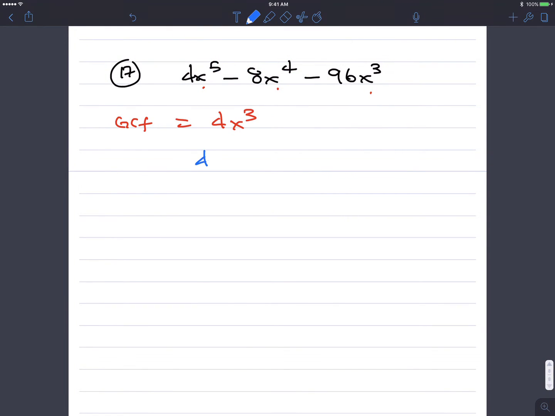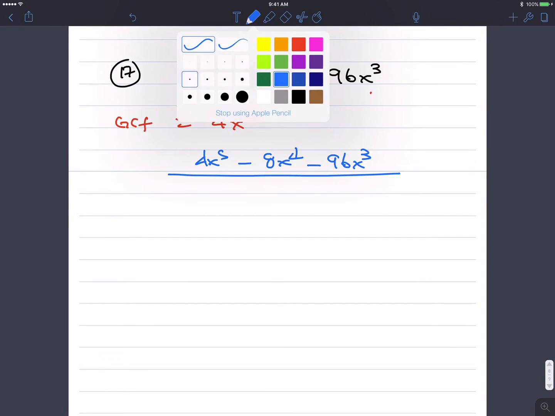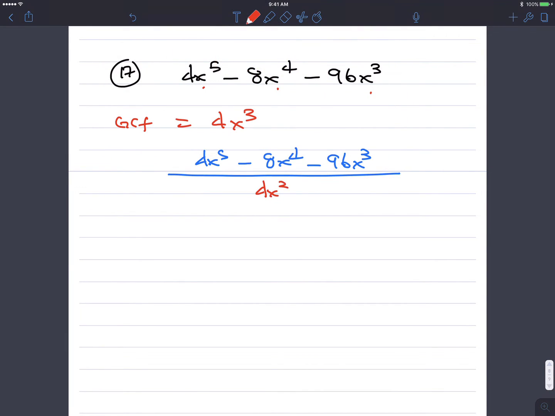So we have 4x cubed. Just simply divide your problem here with that GCF. We get 4x to the fifth over 4x cubed minus 8x to the fourth over 4x cubed. Oops, that's a minus. Minus 96x cubed over 4x cubed.